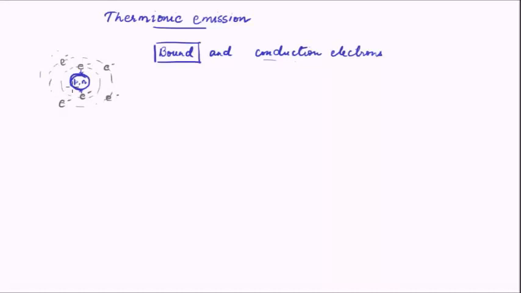Okay, and they are free to move around in the whole material. So they are known as conduction electrons because they are free to move. They are also known as free electrons. So the outermost electrons which are free to move throughout the material are known as free or conduction electrons.